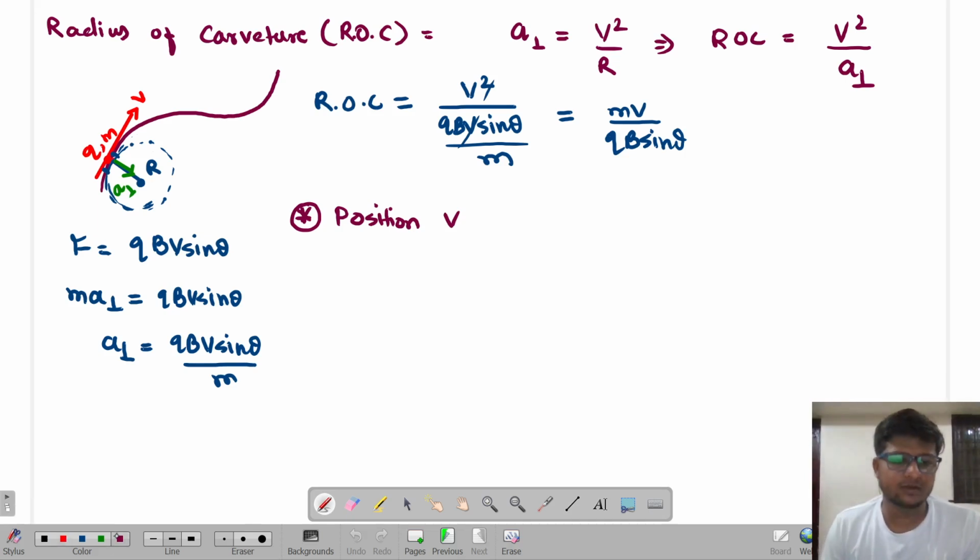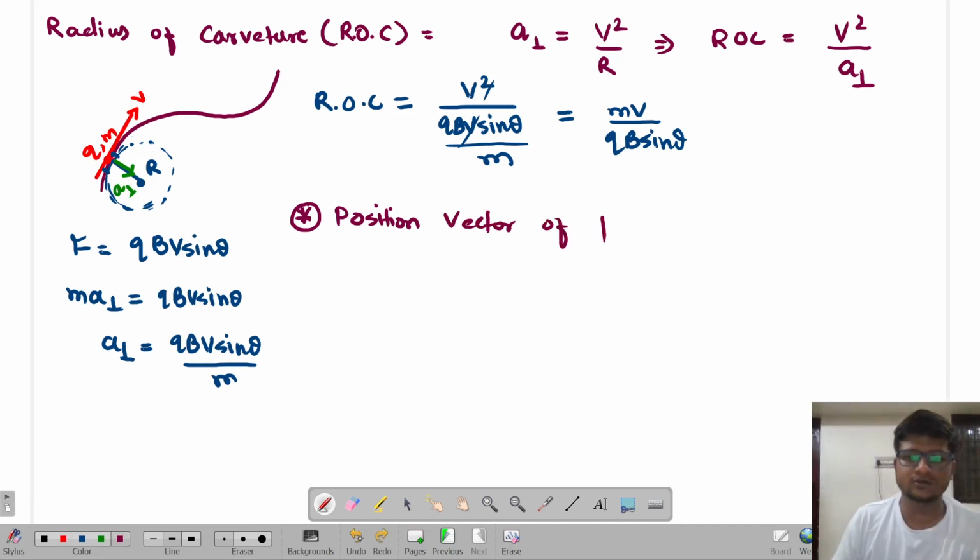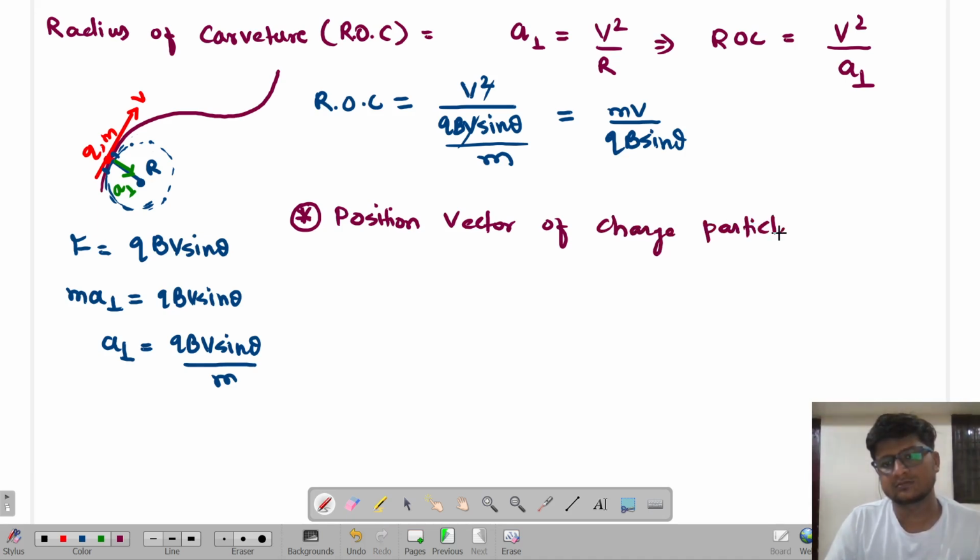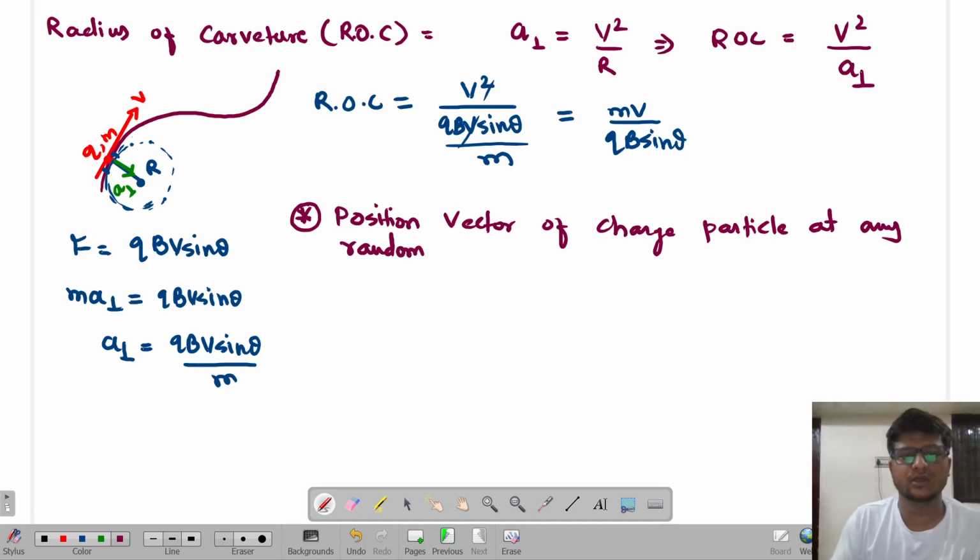So let us define the position vector of the charged particle at any random time t.